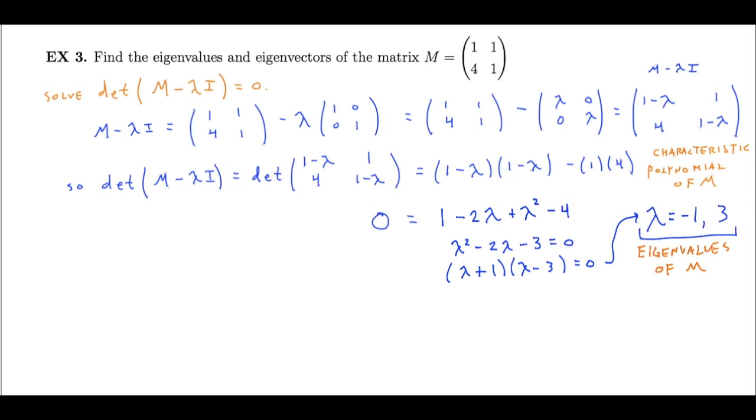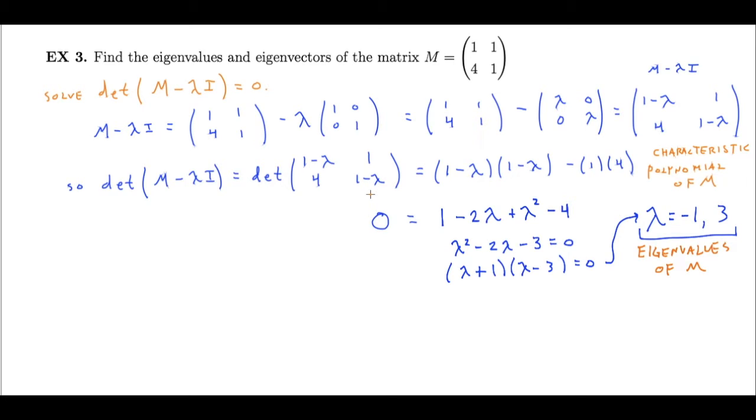If you take a second to look at the structure of the calculation we've done so far, hopefully you can see that the degree of the characteristic polynomial will agree with the size of the matrix. In this particular case, I ended up with a quadratic characteristic polynomial because there were two entries along the diagonal with lambdas in them.